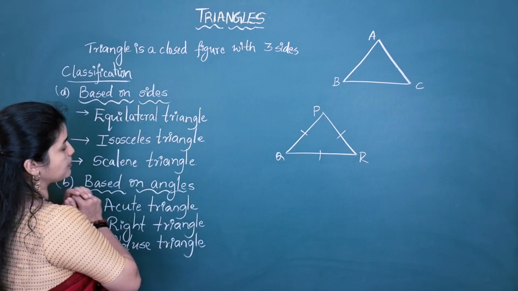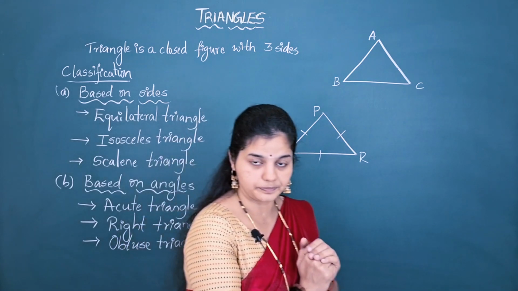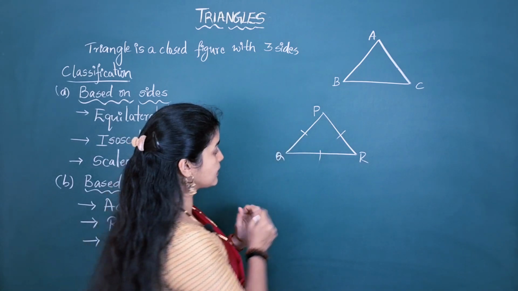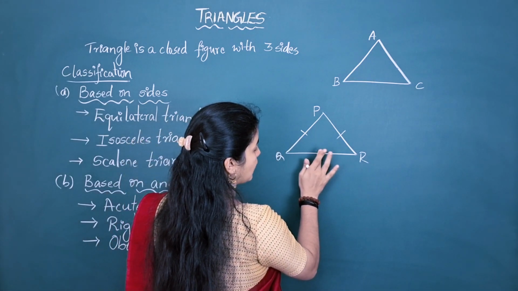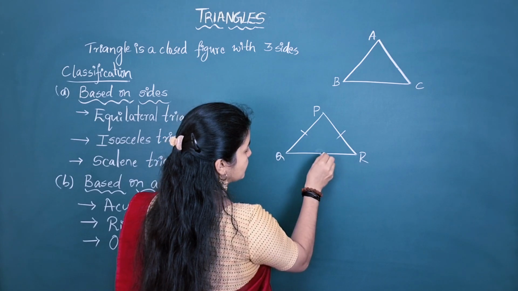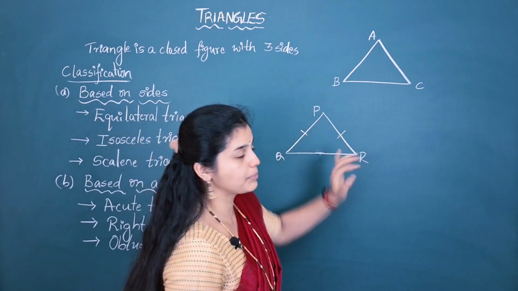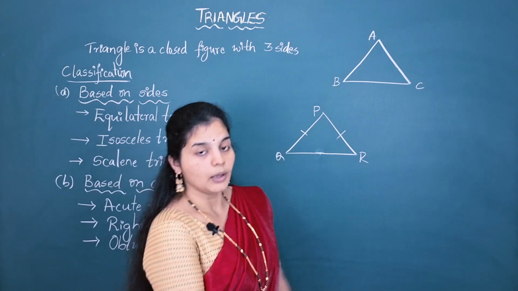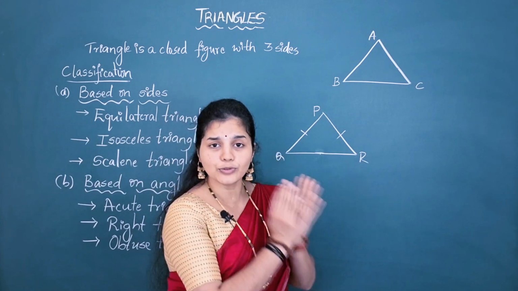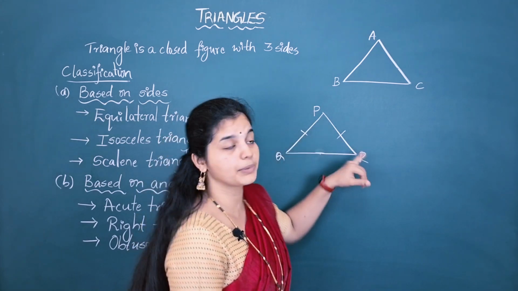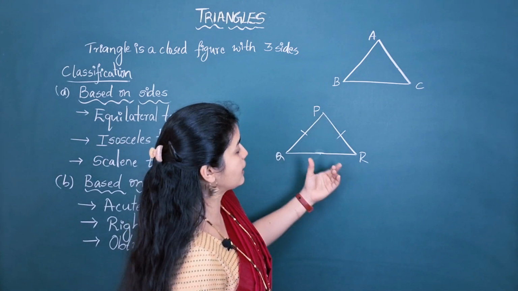Okay. Second type is isosceles triangle. An isosceles triangle means any two sides are equal. So now in this triangle PQR, okay, sides PQ and PR are equal. Among the three sides any two sides, it need not be PQ and PR, it can be PR and QR.